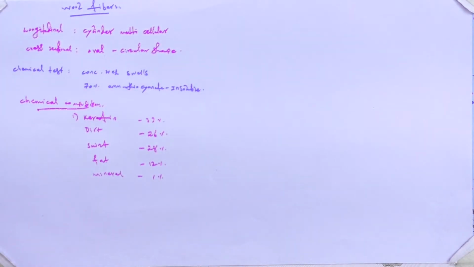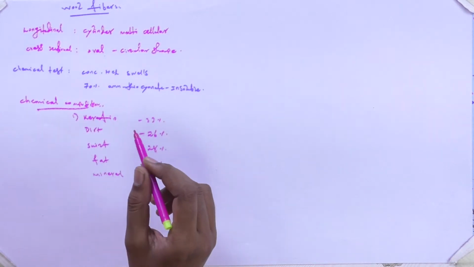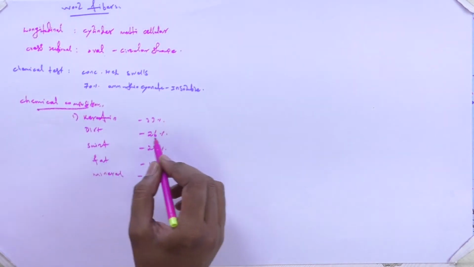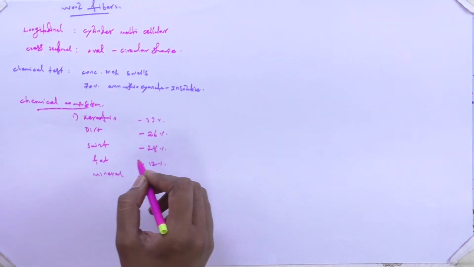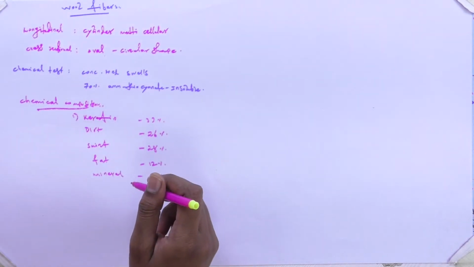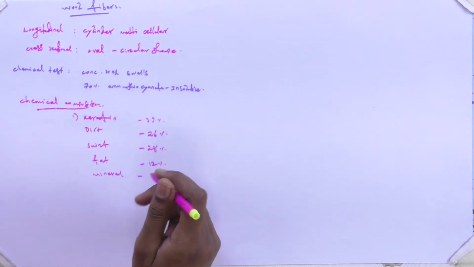So the chemical composition of wool fiber is keratin 33%, dirt 26, soot 28, fat 12, and mineral 1%.